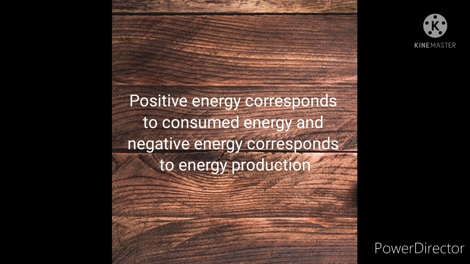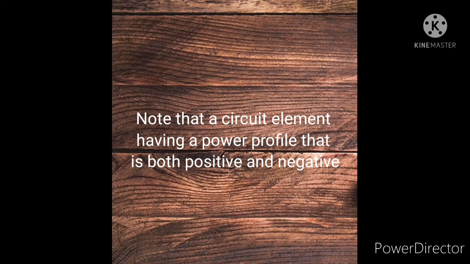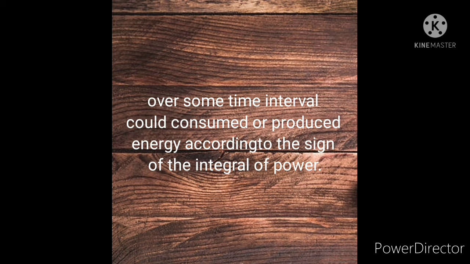Positive energy corresponds to consumed energy and negative energy corresponds to energy production. Note that a circuit element having a power profile that is both positive and negative over some time interval could consume or produce energy according to the sign of the integral of power.